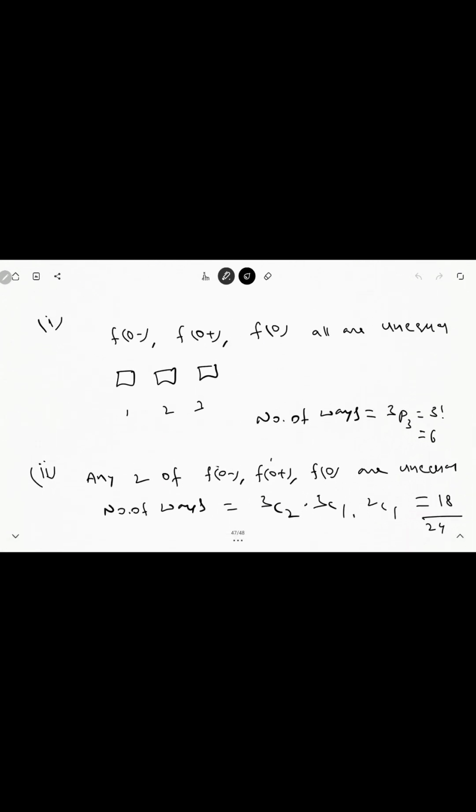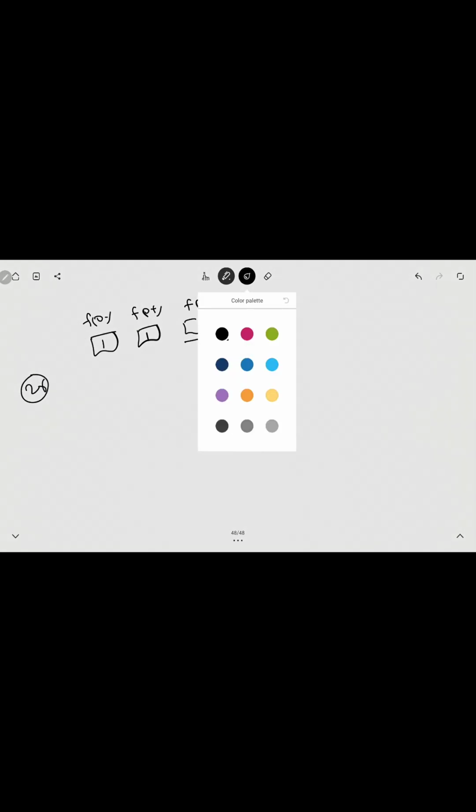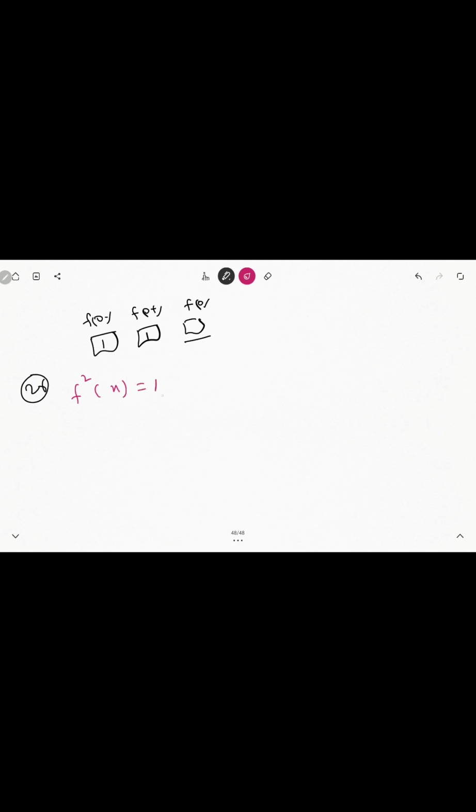Question number next, 26. Similar model I will give. f square x is equal to 1 for all x belongs to R. Number of discontinuous functions at x is equal to 0 only.